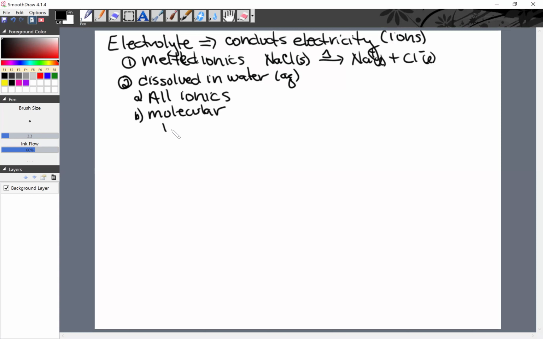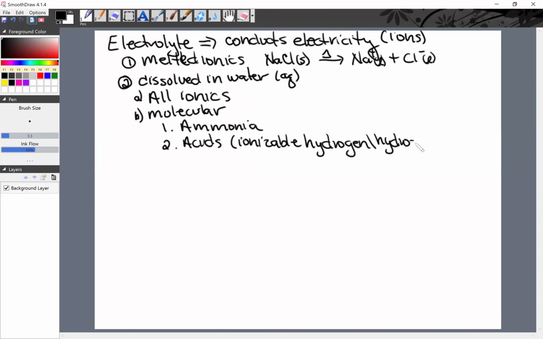The moleculars: 1, ammonia, and 2, acids. And we just learned that the term acid means ionizable hydrogen, or hydrogen on the left. Right, there's our 2 possibilities.